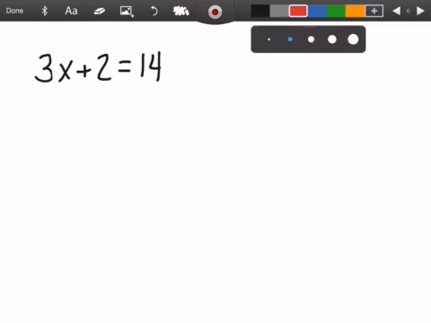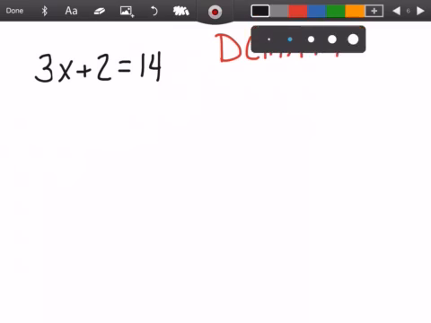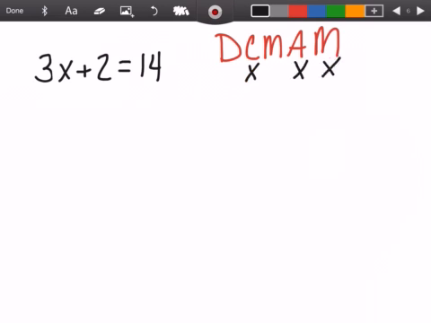This is when you're following your "don't call me after midnight." We only worked yesterday with combining like terms and the adding and subtracting, multiplying and dividing at the end. You guys just need to remember that adding and subtracting has to come before multiplying and dividing.